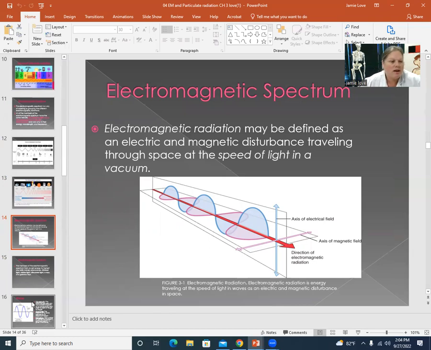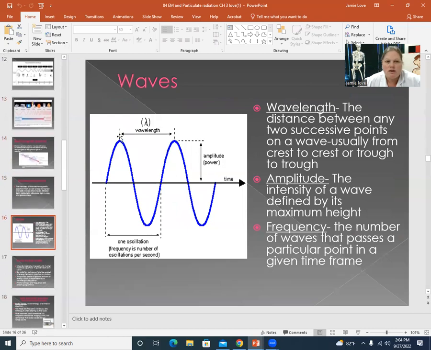Here's our diagram that shows us how to measure the wavelength, from the top of one wave to the top of the next. Frequency is another important thing. In a certain amount of time, how many of these peaks do we see? That is the frequency. Amplitude is the height of the wave. We don't really care about that so much.